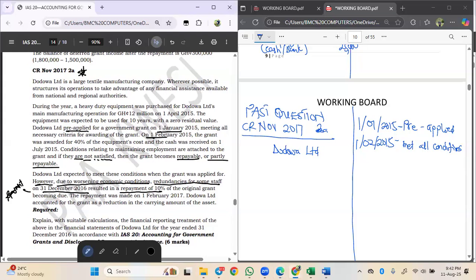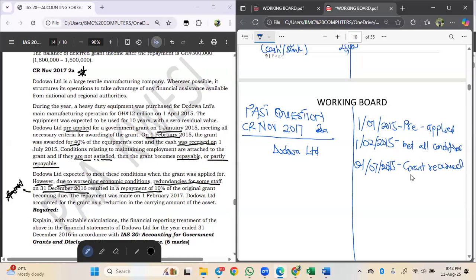They were awarded the grant, yes, 40% of the equipment cost. And the cash was received on 1st July 2015, right? Yes. Grant received. And they made redundancies as at what? 31st December 2016.